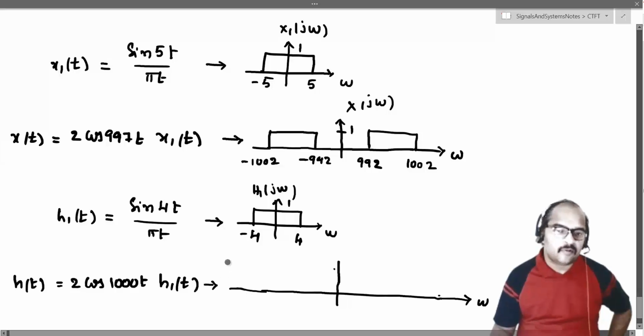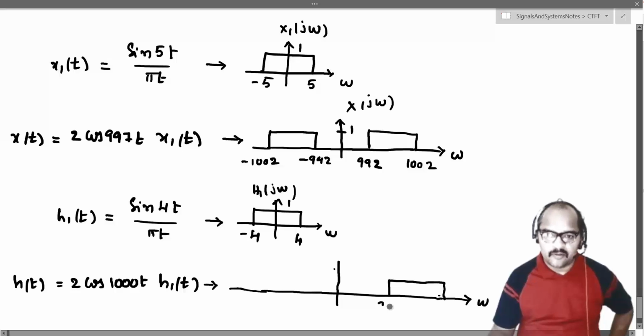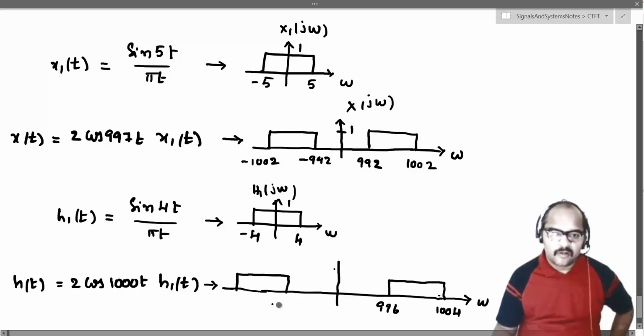So the rectangle will go from 996 to 1004. On the negative side it will be from -1004 to -996. So this would be our h of j omega.